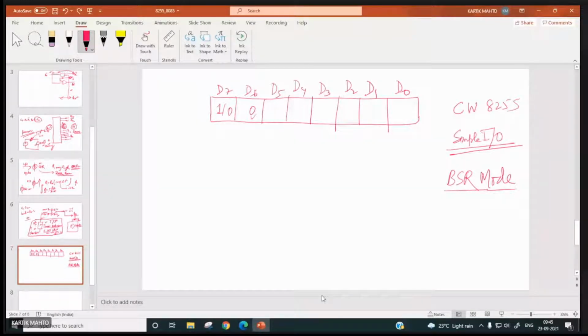Okay. Now this BSR mode we need to discuss because sir already discussed the other modes.